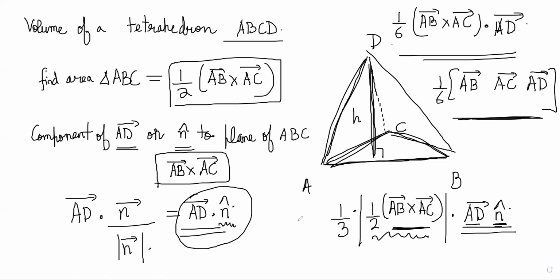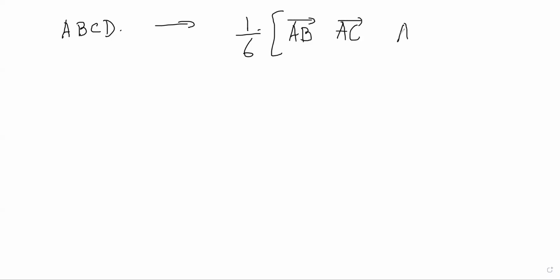So this becomes 1/6 and AB cross AC dot AD vector, right? So that is the box product. So basically, if you have 4 vertices of a tetrahedron ABCD, the volume is 1 by 6 box product from one of the vertices to the other 3, AB, AC, AD.